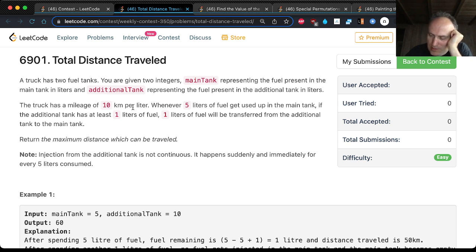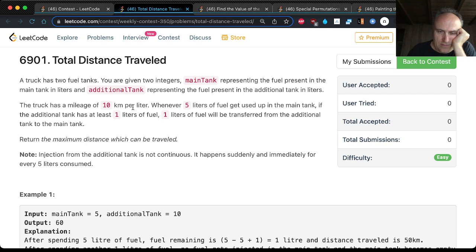5 liter, 10K. And 5 liters of catalyst in the main tank.